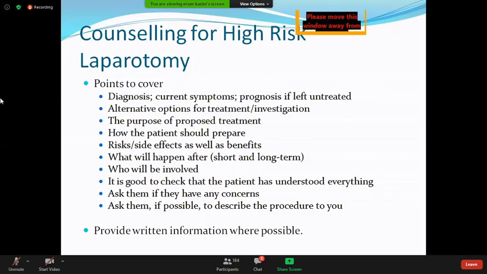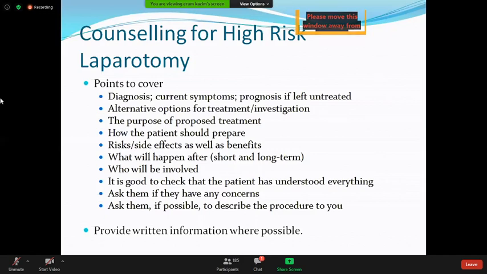Then the purpose of the proposed treatment and what it will entail: what is the purpose of the treatment we are going to offer him, what will be the procedure, and what will be the duration of the procedure. So we will tell him that we are going to open his abdomen, and we will look for the cause of the perforation.